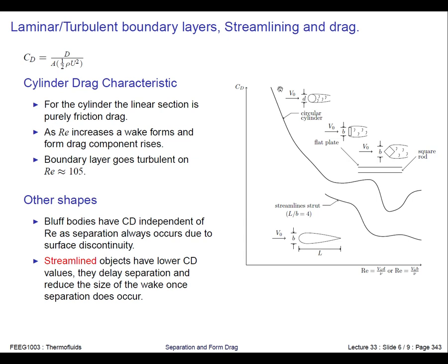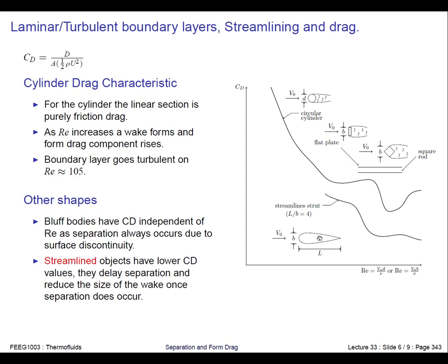Okay, so I want you to be able to try and explain what this curve does in terms of the boundary layer and the drag. And if you can start changing the objects, if you can start changing, for instance, the separation point, then you can control very much the drag characteristic.